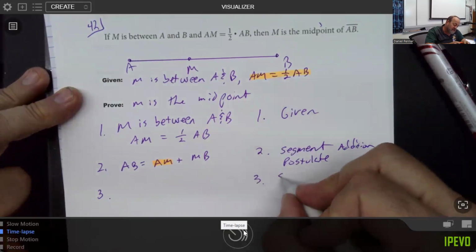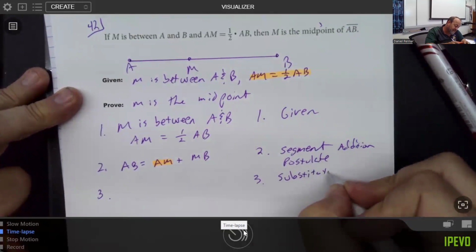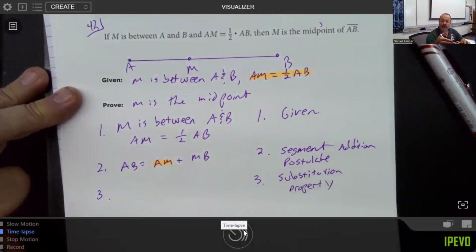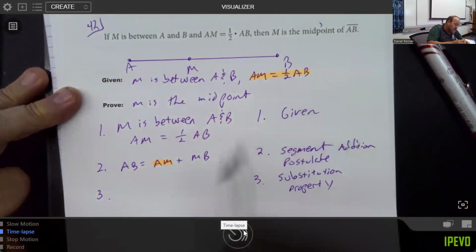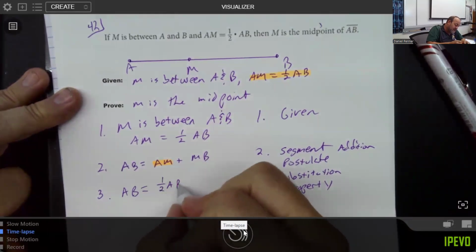I'm going to call that substitution property. The substitution property allows me to take something out and put something that's equal in its place. And this says AM is identical to 1/2 AB. So there we go. I've got AB equals 1/2 AB plus MB.